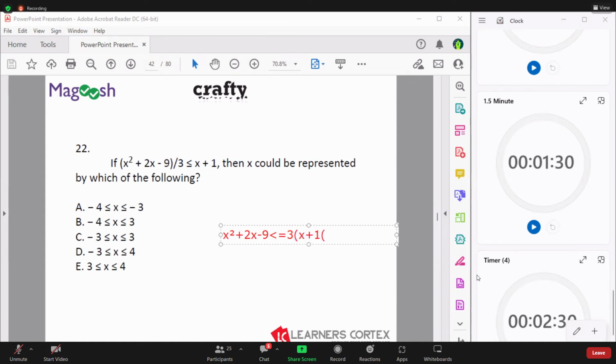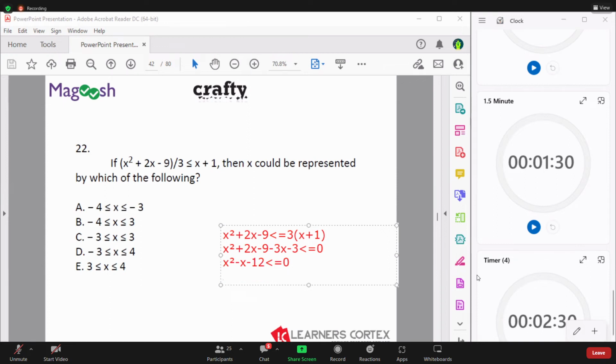Now if you solve this further, this becomes x squared plus 2x. We can bring both the terms from the RHS to the LHS. This becomes minus 3x and minus 3, which would be less than or equal to 0. Now this would be x squared minus x minus 12, less than or equal to 0.